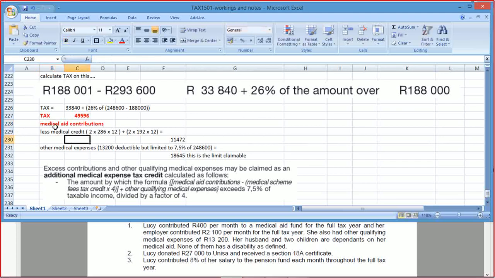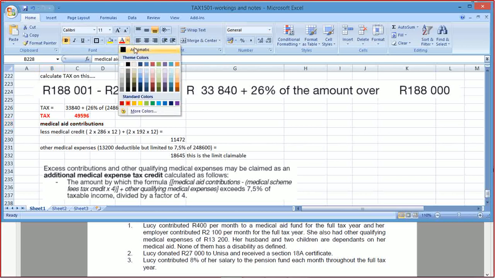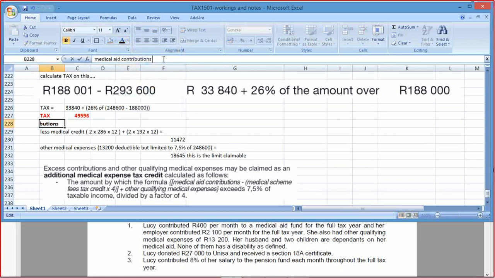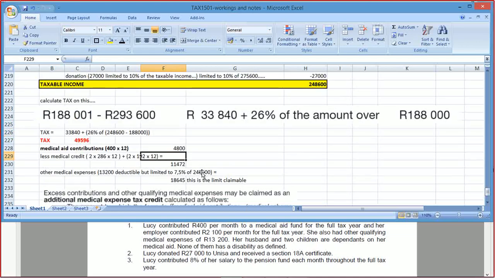So her medical aid contributions, we need to add that here. Okay, the medical aid contributions were 4,800. Let me show the working.